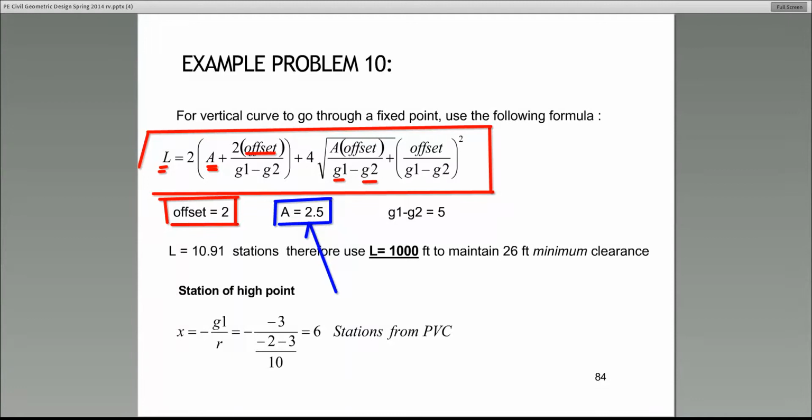Did everybody see how I got that? So A is the distance in terms of stations between the station you're interested in and the station of the PVI. And in this case, it comes out to be 2.5. And then G1 minus G2 is 5. Make sure to preserve the algebraic sign. All right? So substitute those values into that equation.